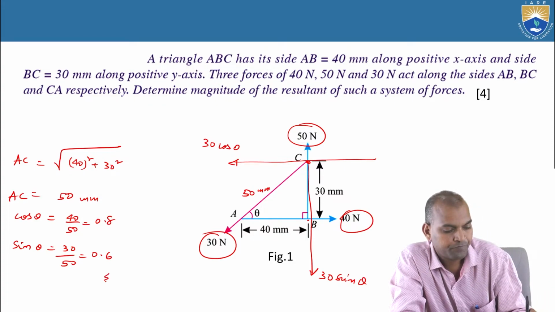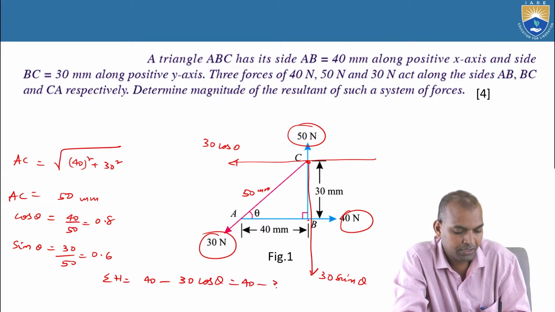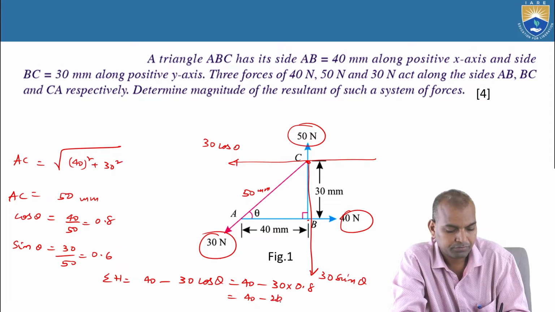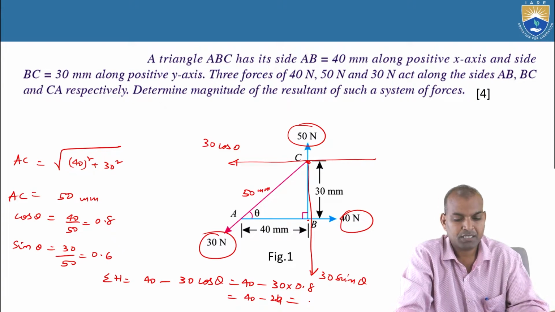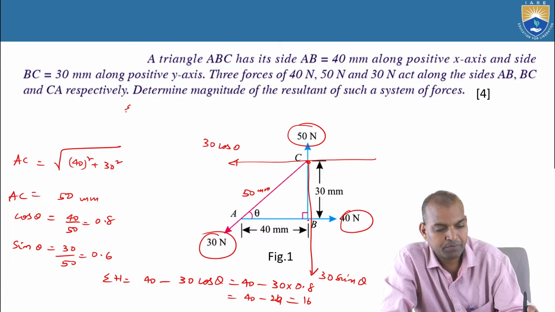From this, sigma H equals positive 40 minus 30 cos theta, that is 40 minus 30 times 0.8, that is 40 minus 24, which is 16. Then what about sigma V?